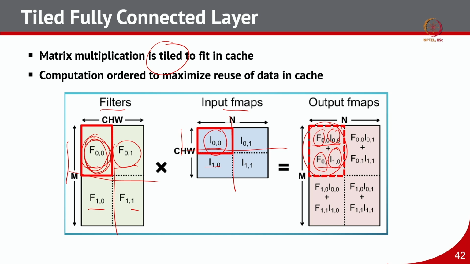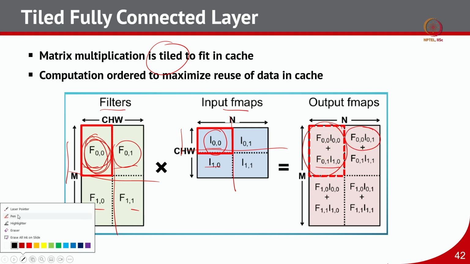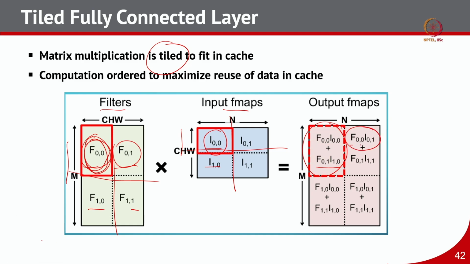But if you look closely, the next tile uses F00 I01, while here we have F00 I00. Now we can reuse this F00 from the cache. So we have to do this careful reusing. This is one way of reusing.